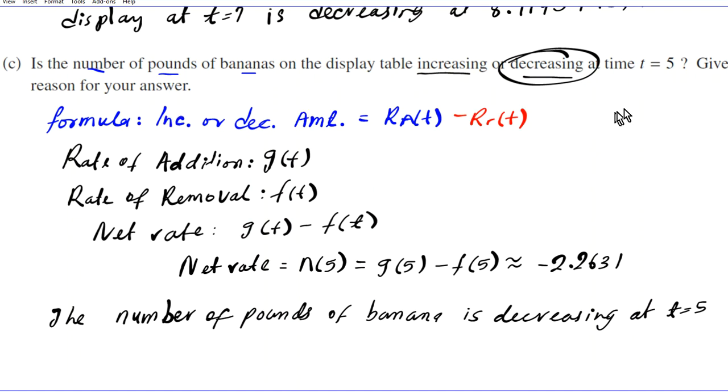We're asked to give a reason. And what's the reason? It's decreasing because the net rate is negative. Okay? So, because the net rate, or we want to specify exactly what we computed here, g of 5 minus f of 5 is less than 0.